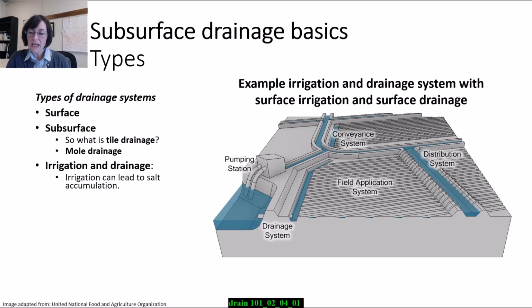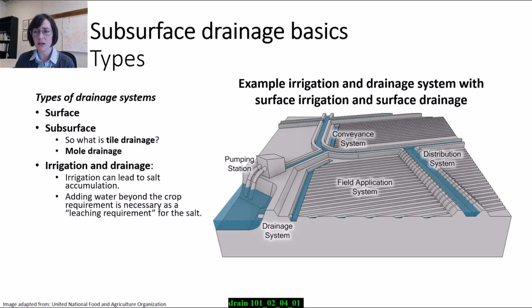So when you're irrigating, adding that supplemental irrigation to your plants, the plants essentially take up pure water, which leaves the salts behind, and this issue of salts becomes exacerbated when you're irrigating. The salts, especially in an irrigated system, have to be leached out of the root zone so that they don't accumulate. This means that when we irrigate, we typically apply what's called a leaching requirement. We apply more water than is exactly needed by the plants.